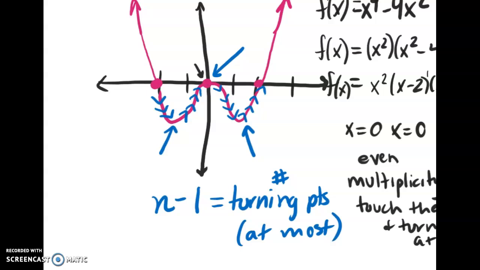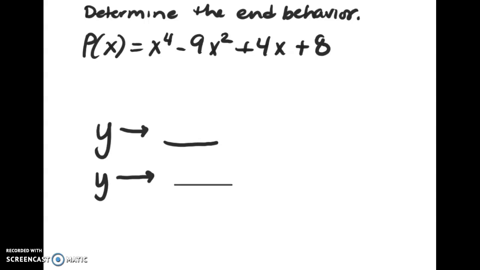Let's take a look at this. So this problem says to determine the end behavior of this polynomial function. And so when I look at this function, if I want to determine the end behavior, I'm going to use the chart that I showed you, and I'm going to ask, what is the degree and what is the leading coefficient?